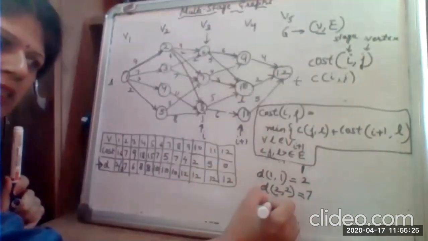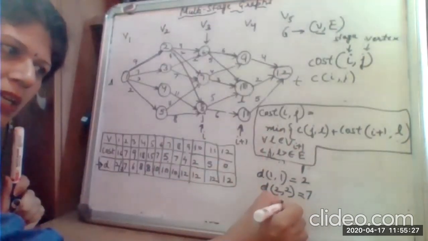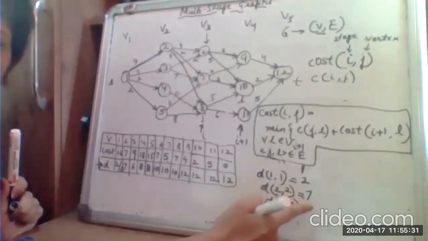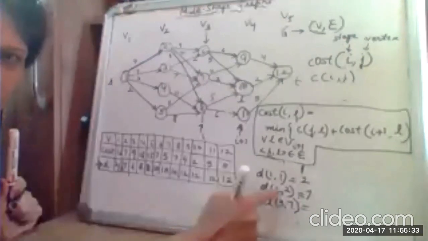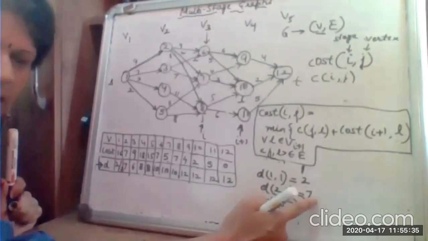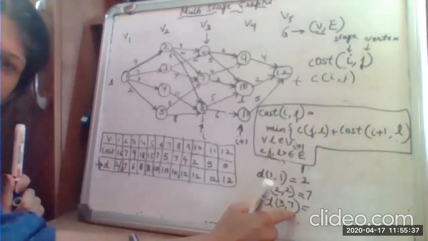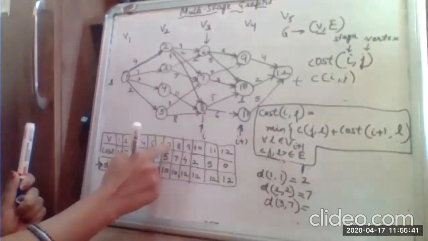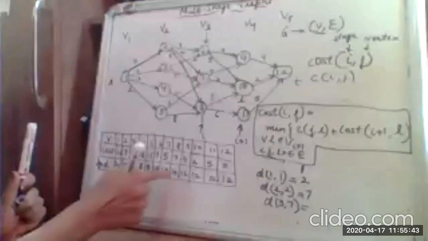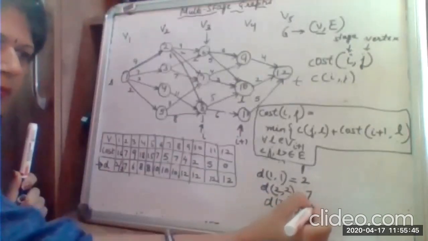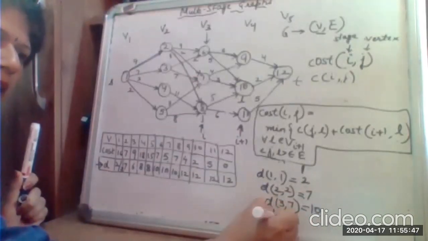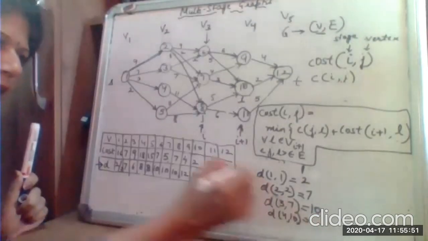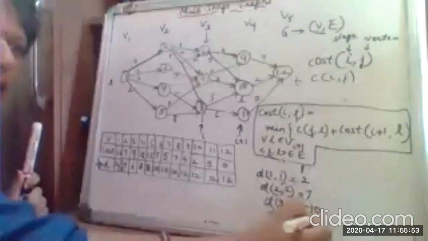Then at the next stage, at the third stage, we have taken the vertex 7. From D22, we are going to the 7th vertex. So from the 7th vertex, which is at stage 3, we are moving to 10. Then next is D4,10. So from the 10th vertex, we are moving towards 12.